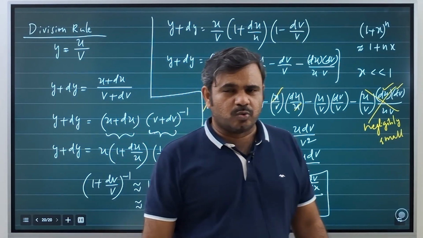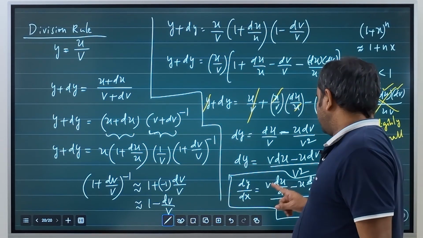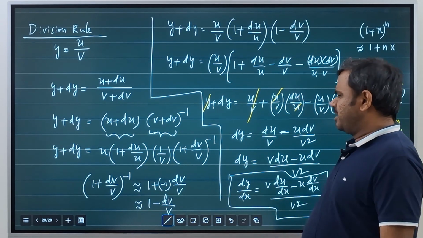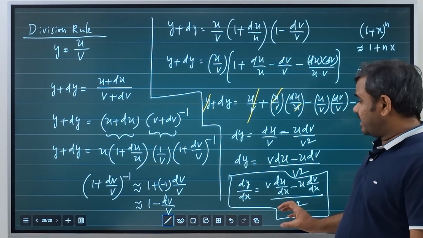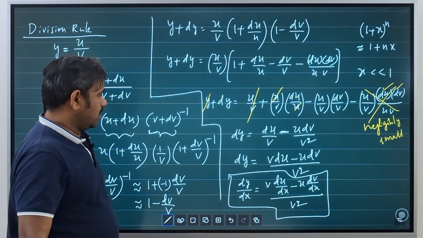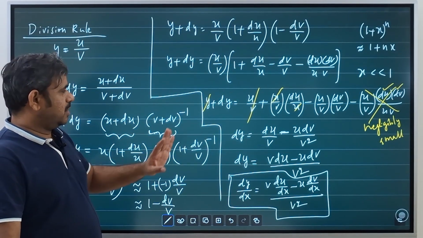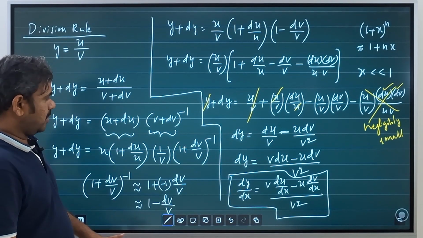So these are rules of differentiation. We discussed addition rule, subtraction rule, multiplication rule and division rule. Okay. So we did not just write the rules. These rules are logically derived from mathematical concepts. This is all mathematical logic.